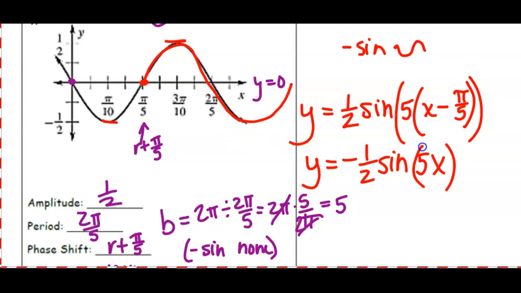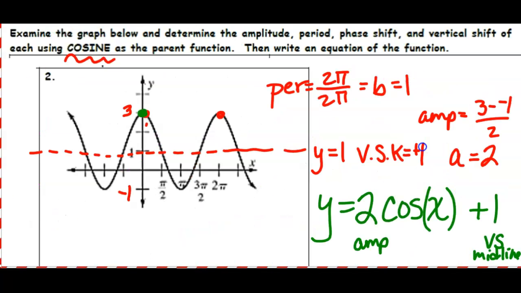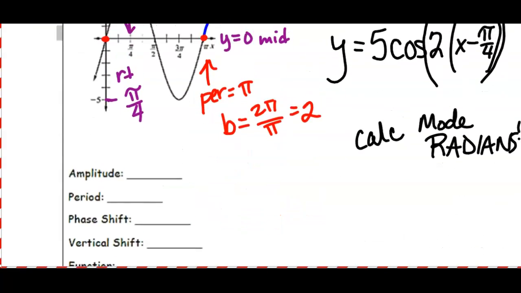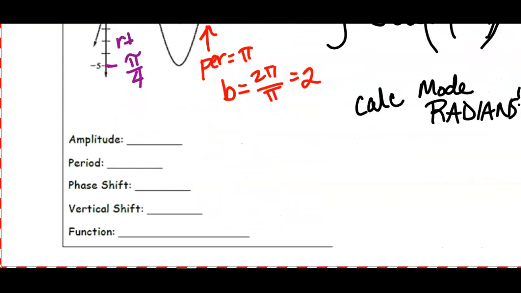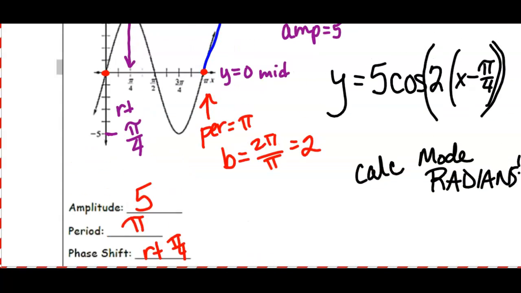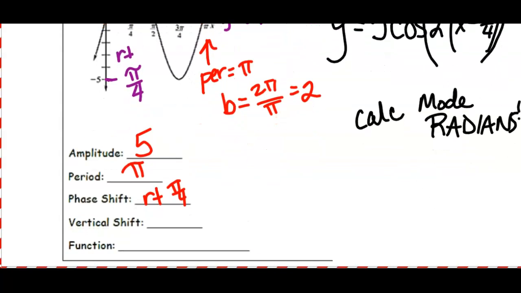All right. I'm going to go back up because obviously on 1 and 2 I missed this. Let's see, this had 5 pi. What did we use for a phase shift? To the right, pi over 4. And did this one have a vertical shift? Nope, the midline was at 0. And then we wrote our equation already.